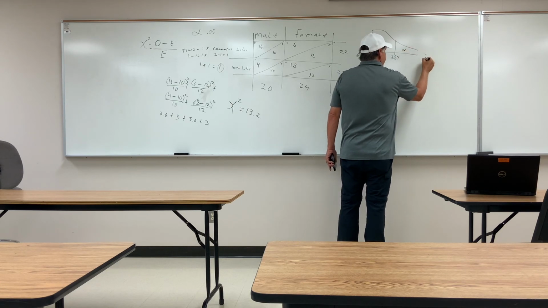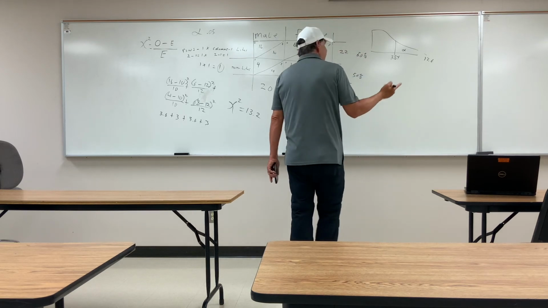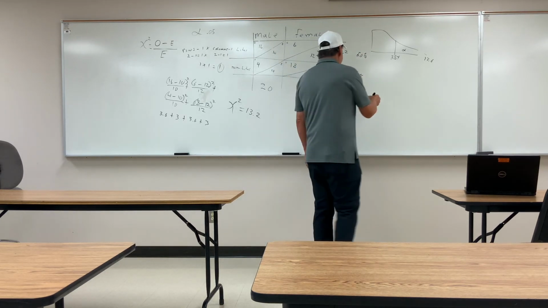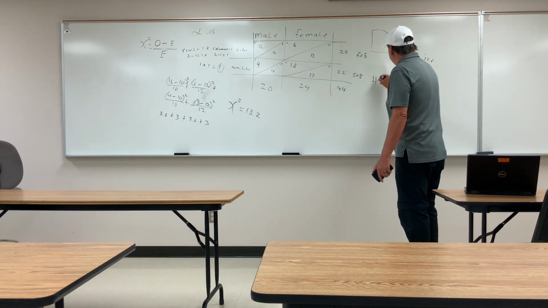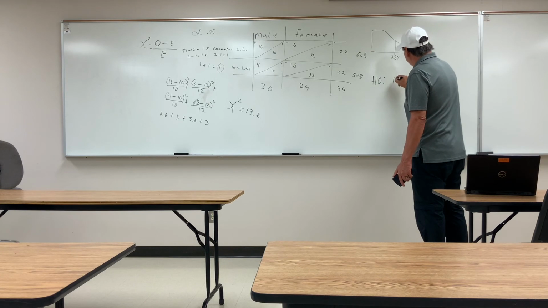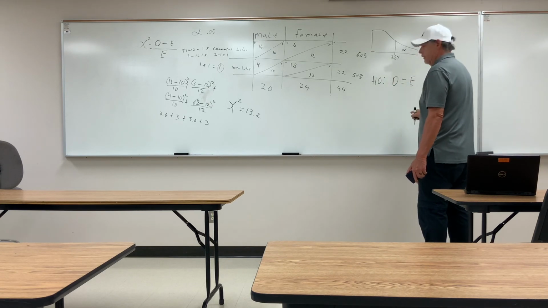The critical region is 3.84. So I would say that yes, I can reject the null hypothesis, and the null hypothesis would be H naught is that my observed values are equal to my expected values.